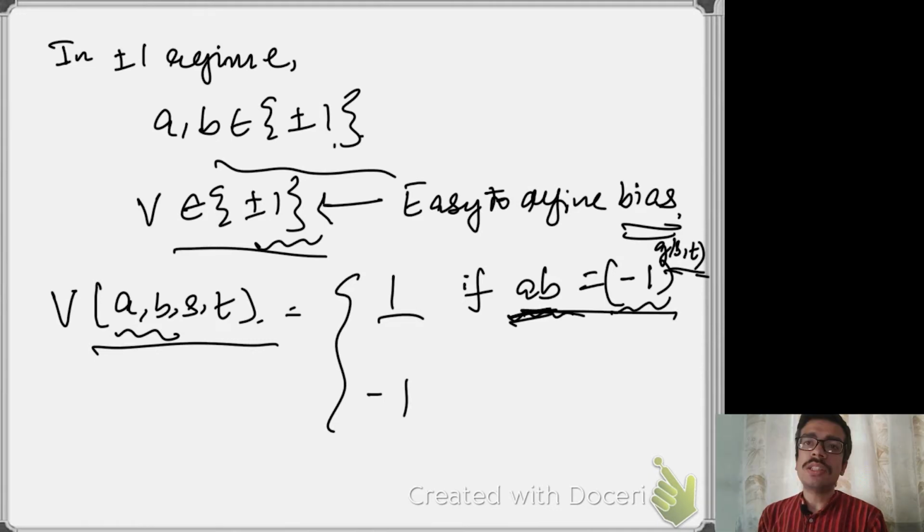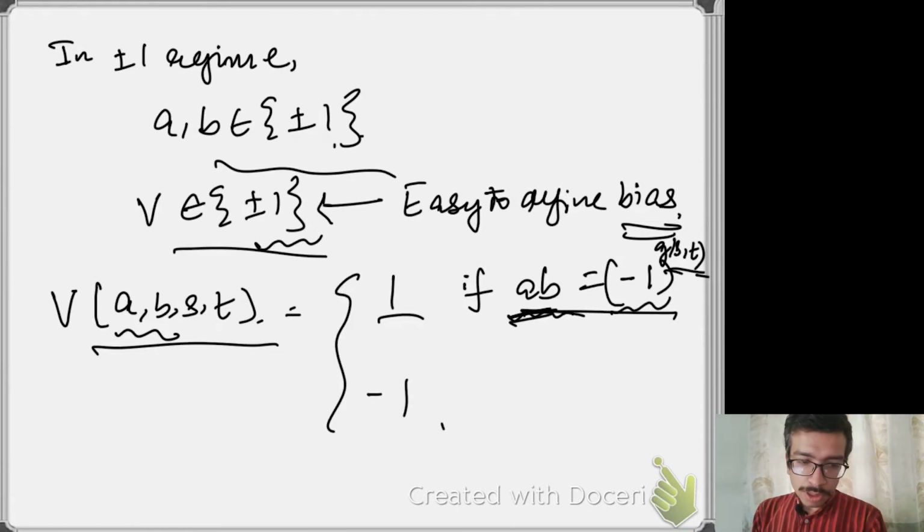So we can restrict ourselves to cases where we win in only one case, when either AB is +1 or AB is -1. So AB being +1 corresponds to A XOR B being 0 in the 0-1 output case, and AB being -1 in the product case corresponds to A XOR B being 1 in the 0-1 case. Okay.